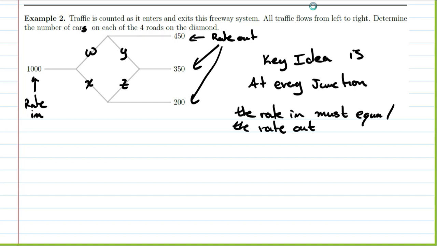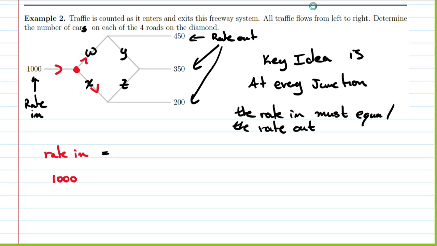So using our key idea, if we were to analyze this junction right here, and remember, we are flowing from left to right. What would be my rate in at this first junction? Well, how many cars are coming into this system? 1,000, right?